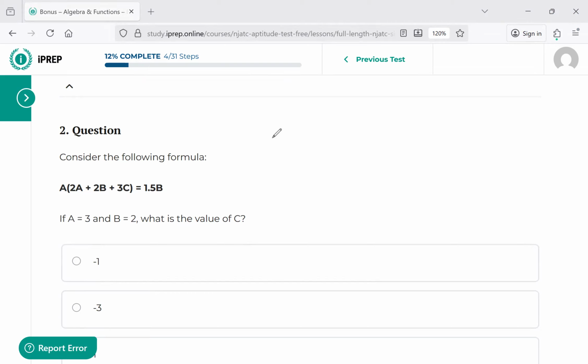So it's going to be A is 3, so it's 3 parentheses, 2 times A, which is 3, plus 2 times B, plus 3C, parentheses, equals 1.5 times B, and B is 2.